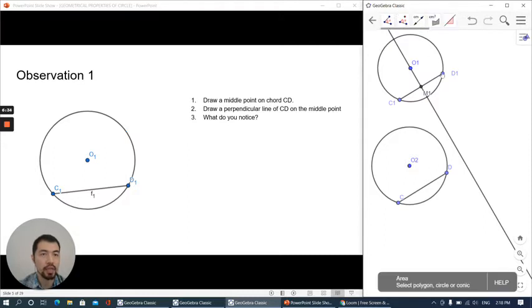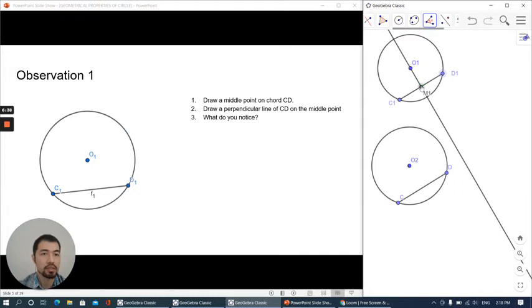Just making sure that it's perpendicular. See? It's perpendicular right there. Now, what do you notice here with the line? That's right. The line meets the center of the circle.